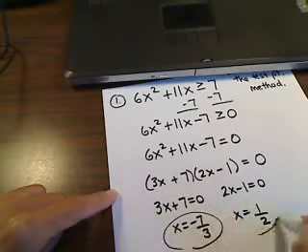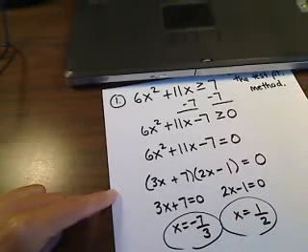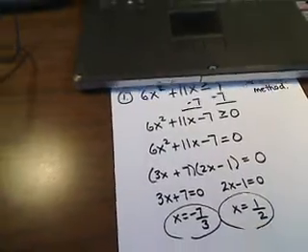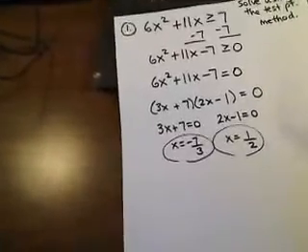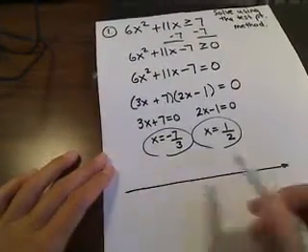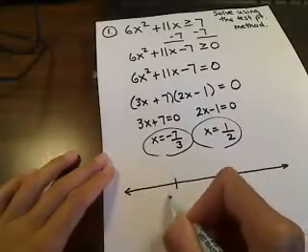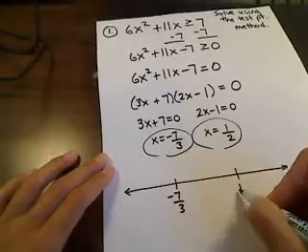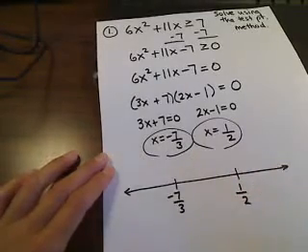Now these two values are not solutions. They're points on your number line where this is possibly going to transition from positive regions to negative regions. So if I take a look at a number line, say this is negative 7/3 and this is 1/2, and 0 is between them.